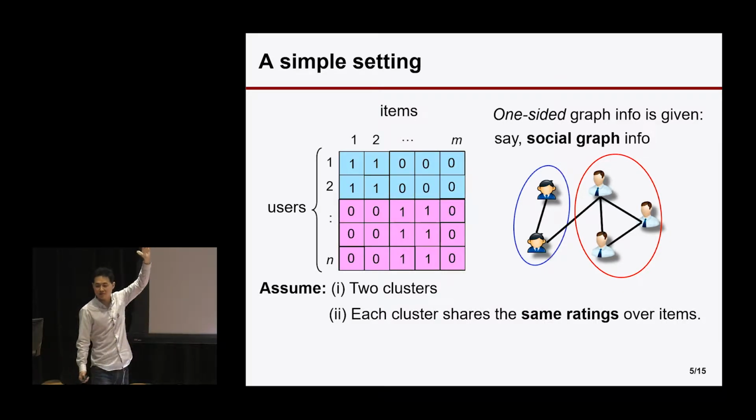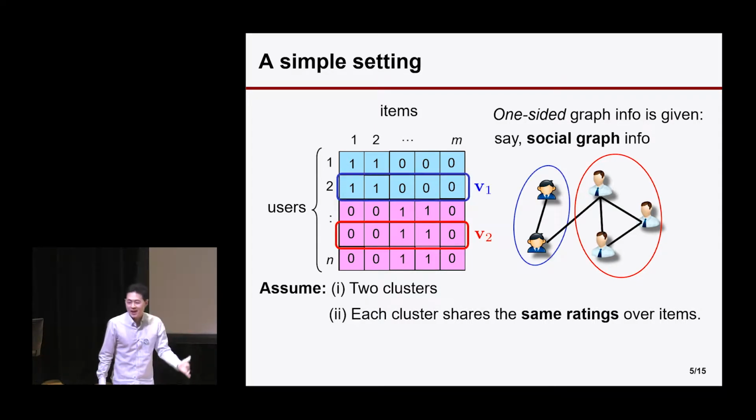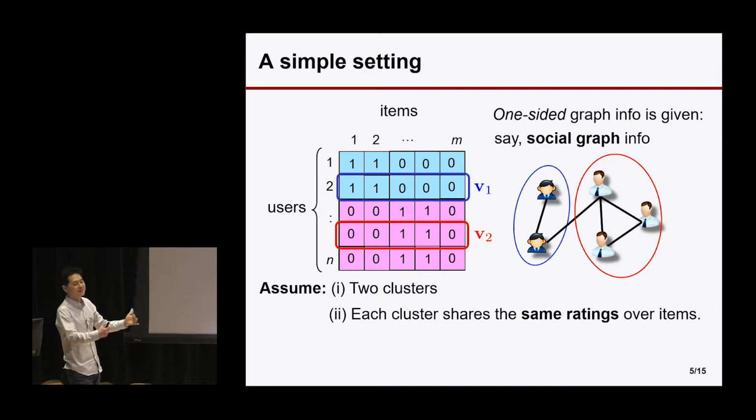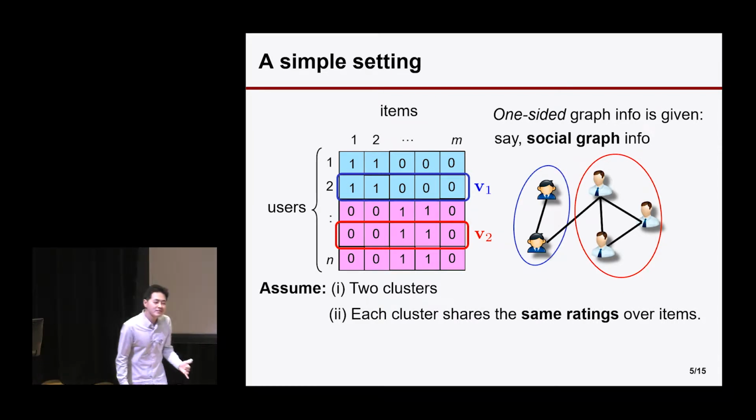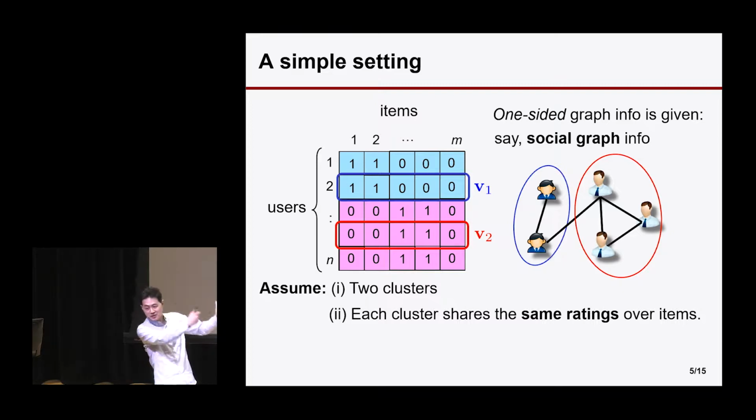So here you can see that this setting is quite simple, right? And there's a reason why I consider this kind of very simple setting. The reason is that it turns out, even in this very simple setting, the quantification of the side information gain is not that simple. That's why we consider this setting as just an initial effort.